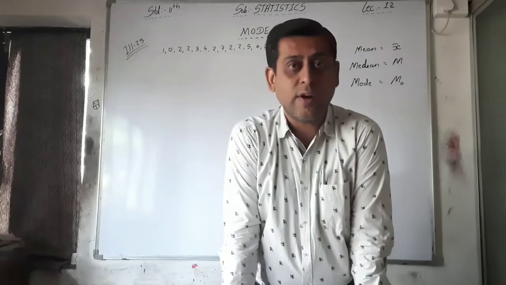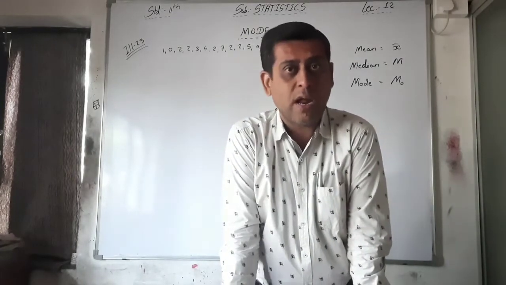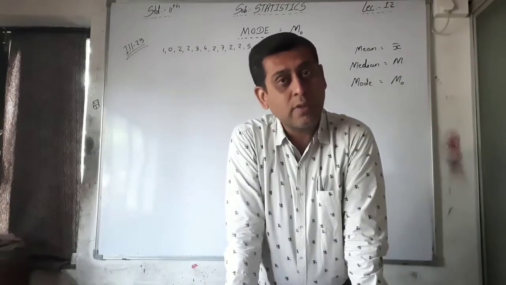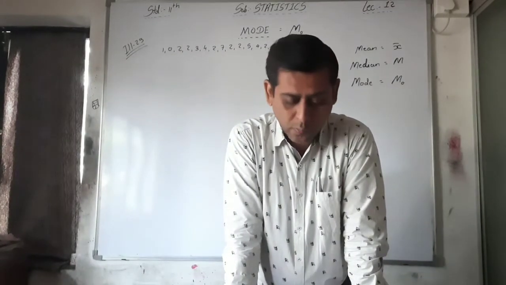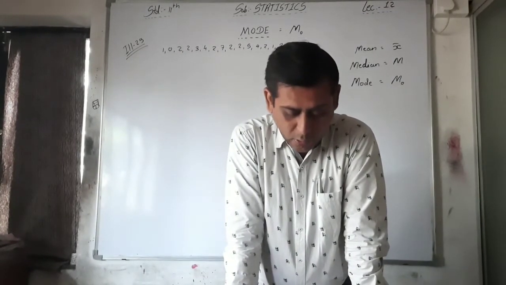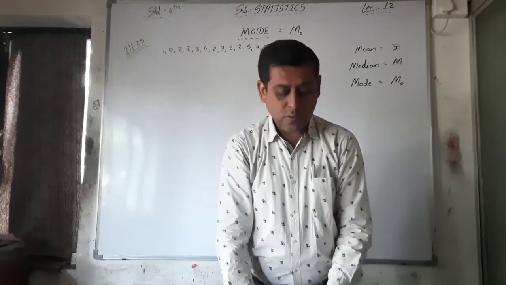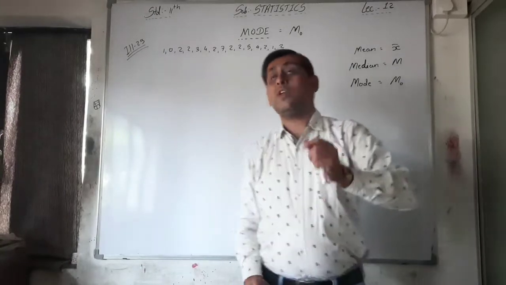If they ask you to find the mode, you have to find MO, or if they ask for the modal value, again you have to find the mode. Find the modal value for the number of books purchased. Here we don't have to calculate anything for the mode.